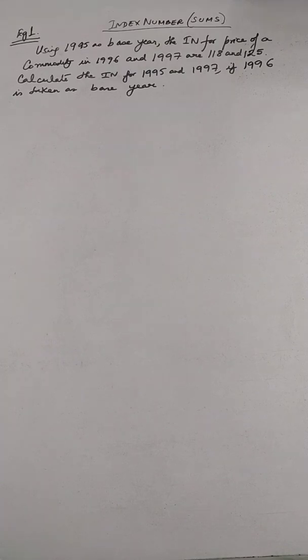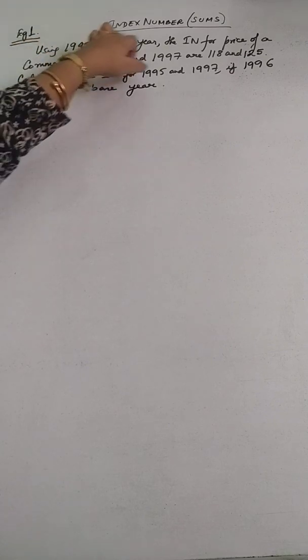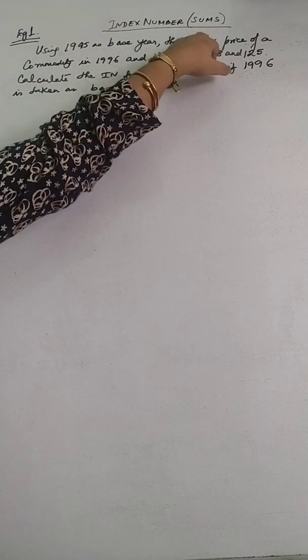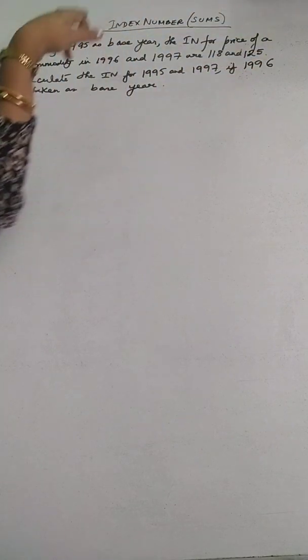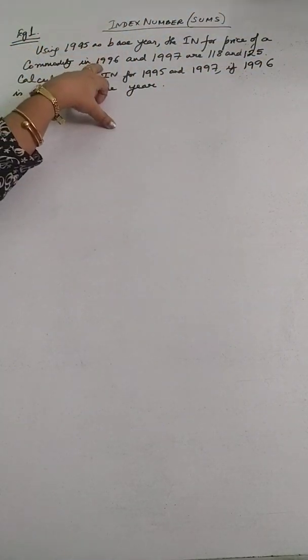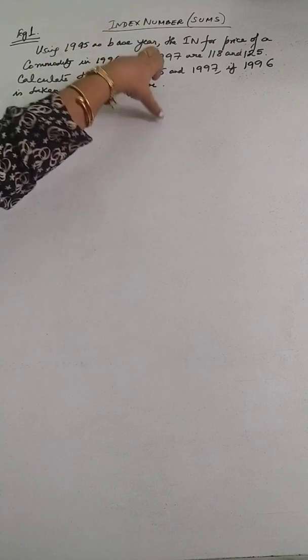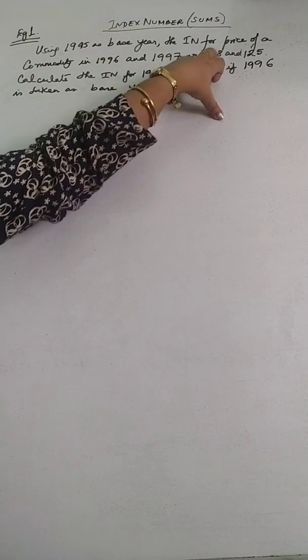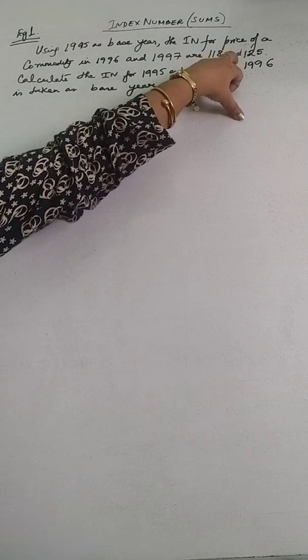Let us do some numericals based on index numbers. Okay, the first question, it's already written over there. Using 1995 as the base year, the index numbers for the price of a commodity in 1996 and 1997 are 118 and 125.